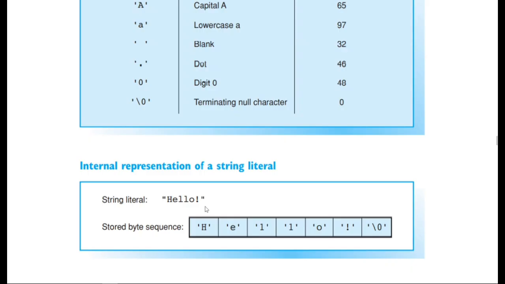You might be wondering, why do we need 7 bytes instead of 6, because we actually only have 6 characters? That is because the characters themselves are stored in an array, or you can think of it for now as a list of items. The program needs to know when that list eventually ends, and that's why it adds in a terminating null character.